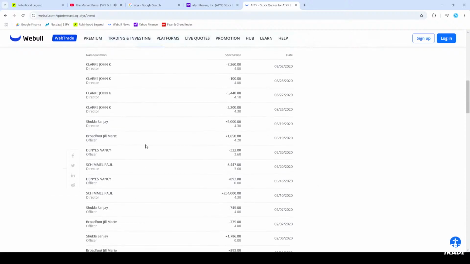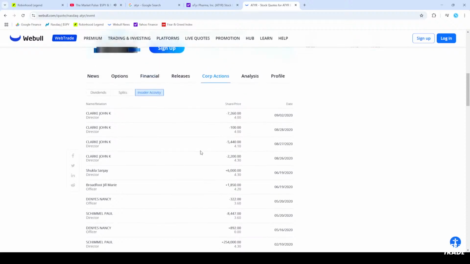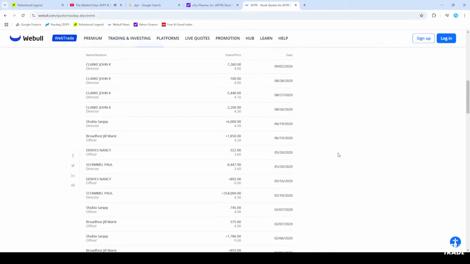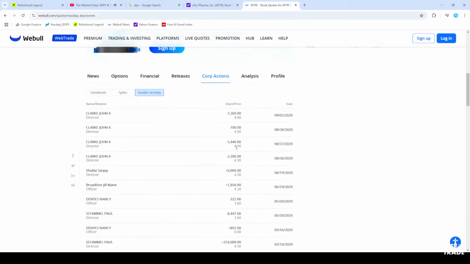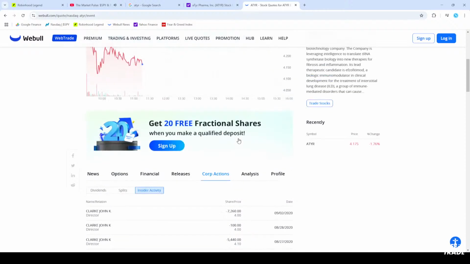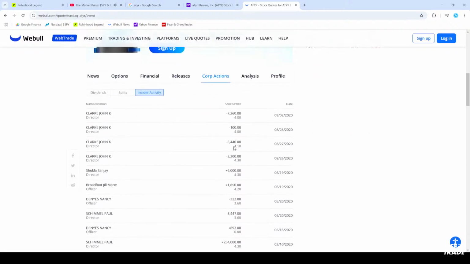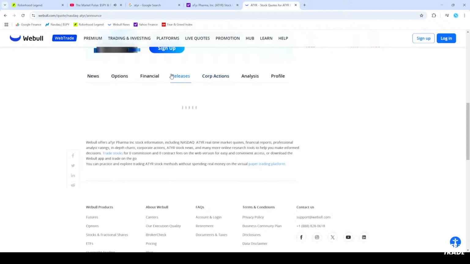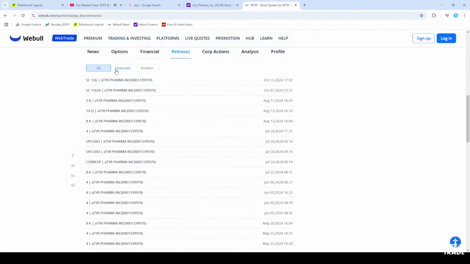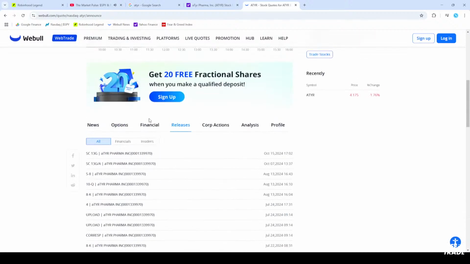Here's some stuff that you can look into. Right now a lot of them are selling and taking profit. You can see what price action they're doing and what price they're filling it at. Let's see if they have press releases. They do. Here's financials. Here are the insider releases. They have to release these to the SEC whenever they make a trade, if they're associated with it.